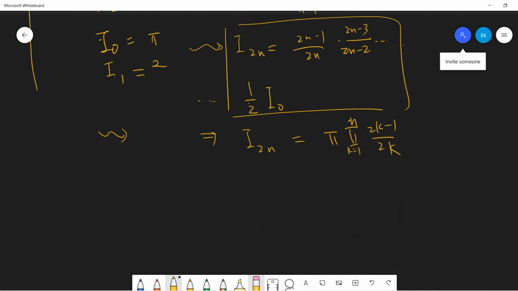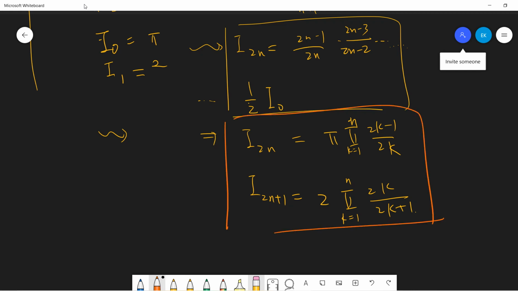Just keep using the reduction formula. For the same reason, I_(2n+1) becomes the product for k from 1 to n of 2k divided by (2k plus 1). So you will have these two.